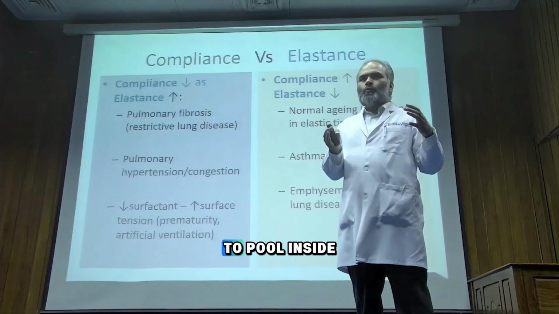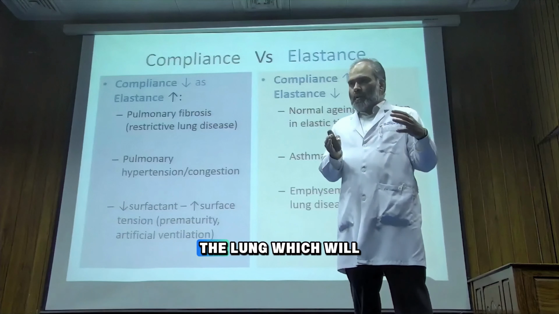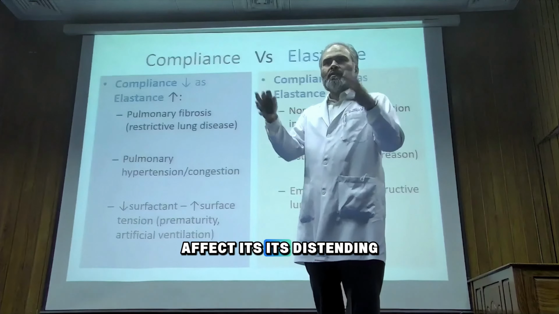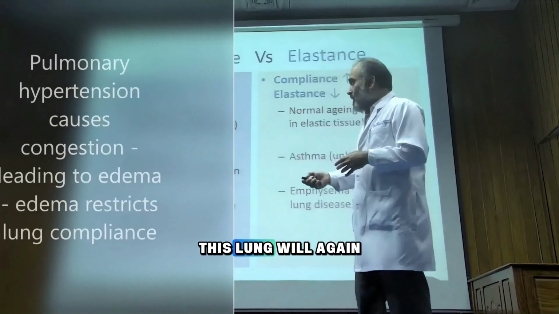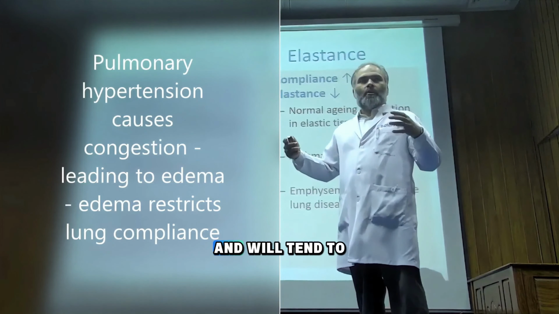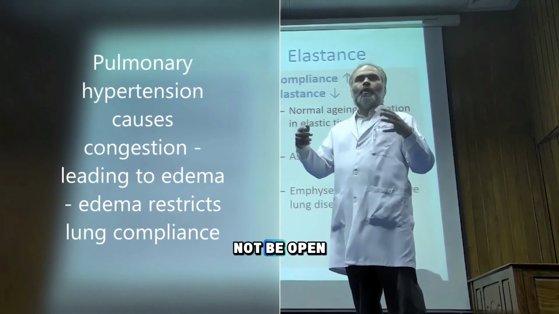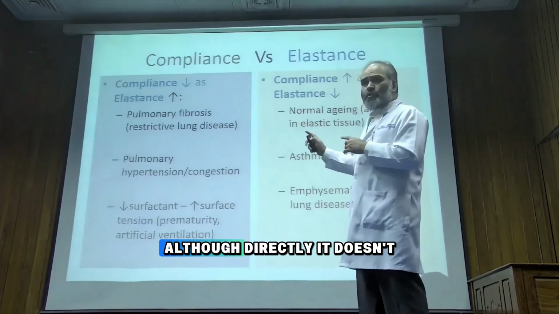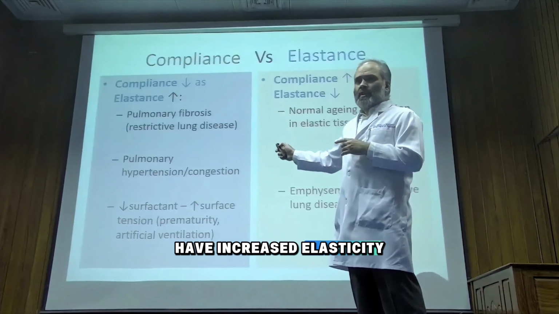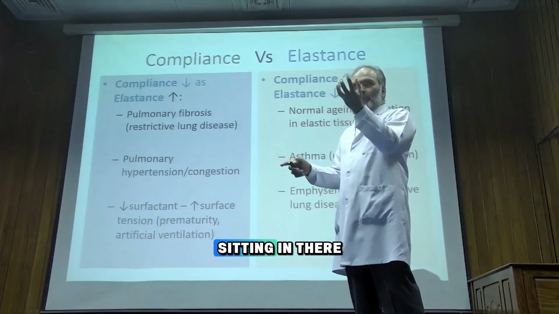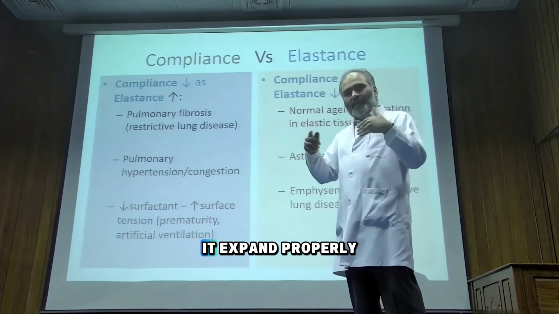The blood will start to pool inside the lung, which will affect its distending ability. This lung will again have decreased compliance. Although directly it doesn't have increased elastance, it has decreased compliance due to that congestion, that fluid which is sitting in there, which is not letting it expand properly.